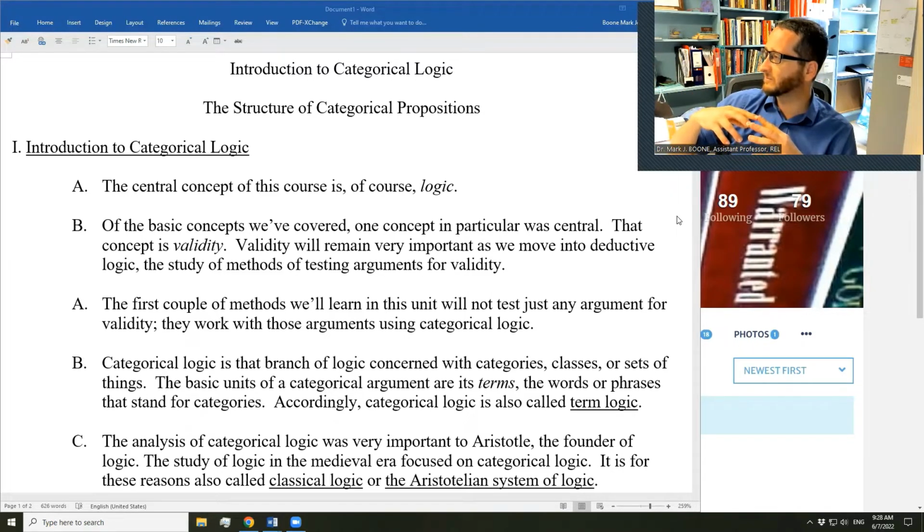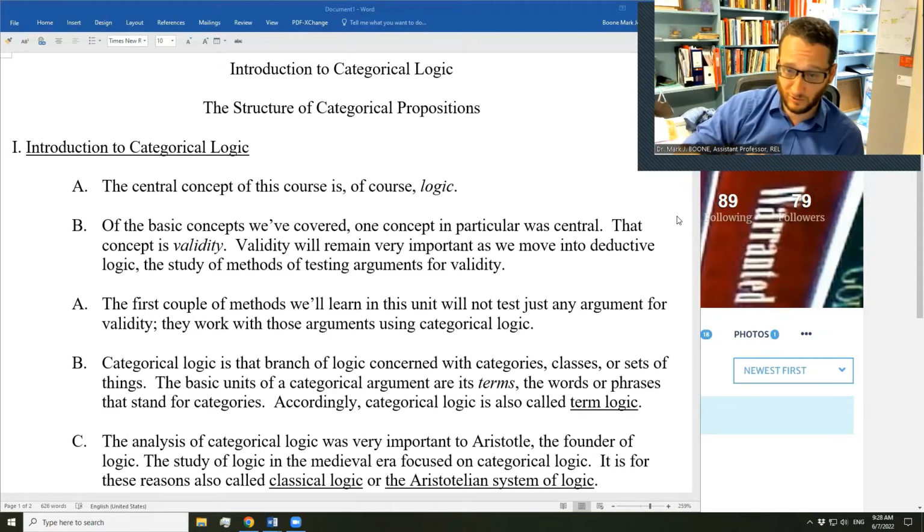We want to take the content of an argument out and just look at the structure of reasoning that the argument uses. So we want to break down an argument into its smallest parts and look at the relationship of those parts in order to figure out what is the pattern of reasoning used by the argument. And that's how we test it for validity.